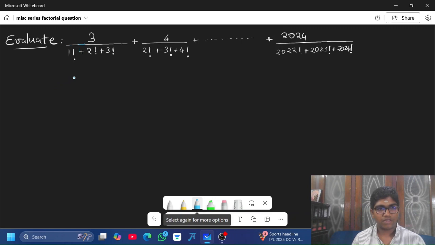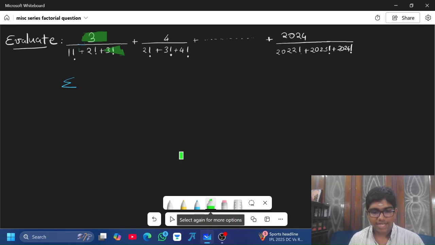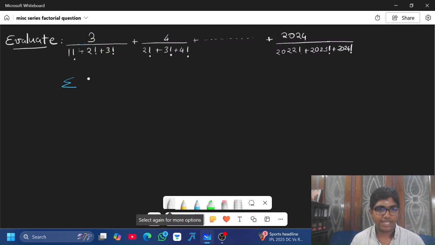So sigma. What I observe is that the last term of the factorial, which is 3 factorial, appears in the numerator as the same number but not with a factorial. That is the first thing which comes to mind. So while writing the general term, we can start from 1.